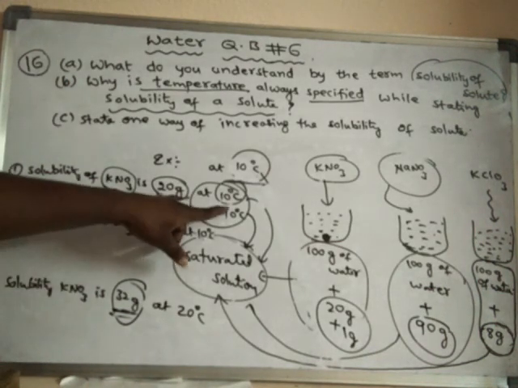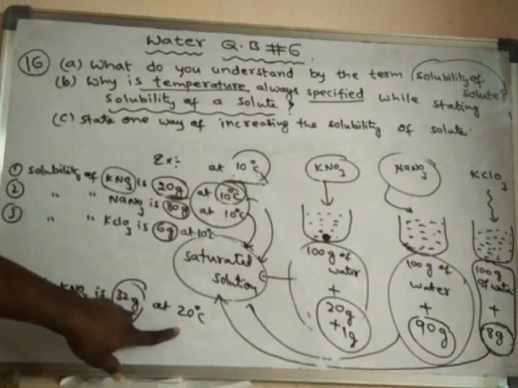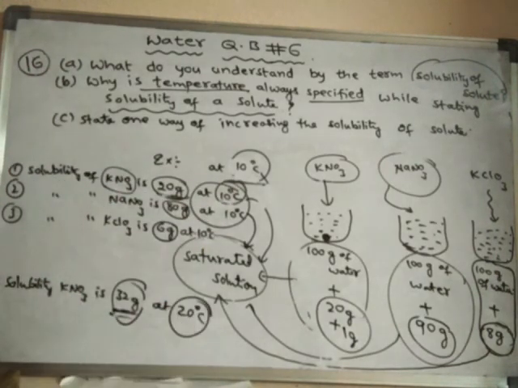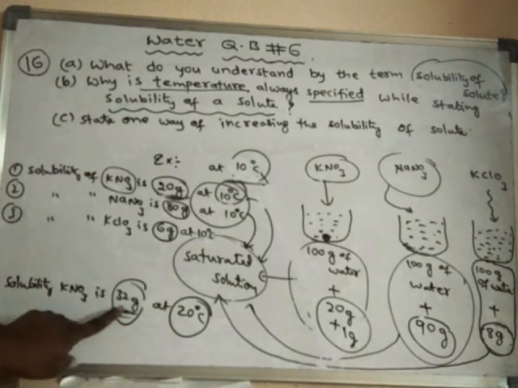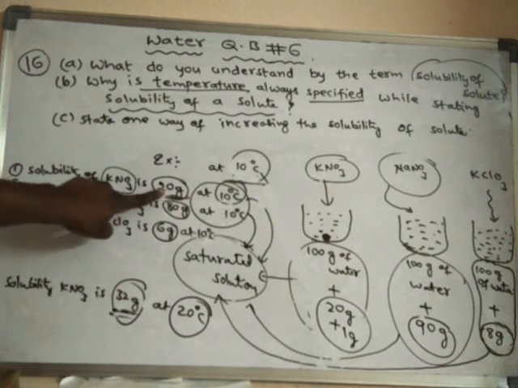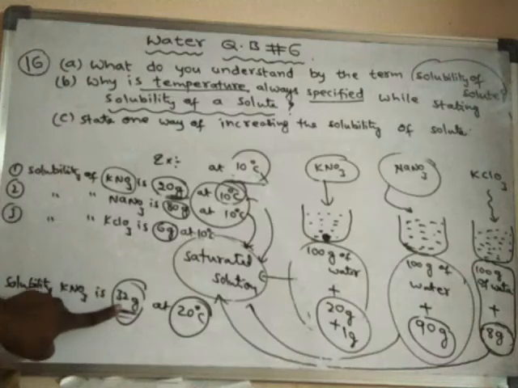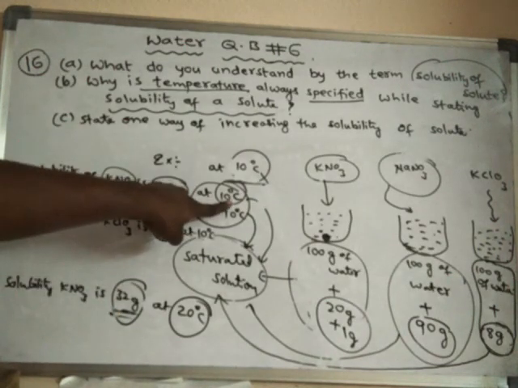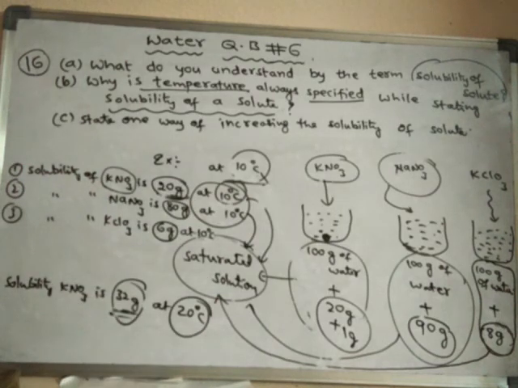So if I raise the temperature to 20 degrees centigrade, then I can add 32 grams of potassium nitrate to form saturated solution. That means I can increase the solubility from 20 to 32 grams by increasing the temperature from 10 degrees centigrade to 20 degrees centigrade.